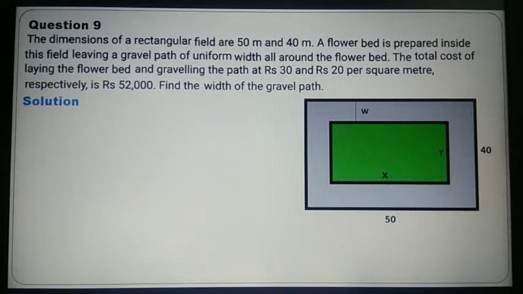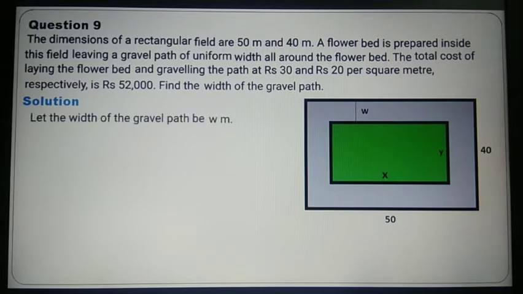Now let us see what are the things given. I don't know what's the length of my flower bed. Similarly, I don't know what is the breadth. So that's why I'm calling the length of the flower bed X, and Y represents the breadth of the flower bed. Is that clear? If you have understood that much, let us see what are the things we need to write.